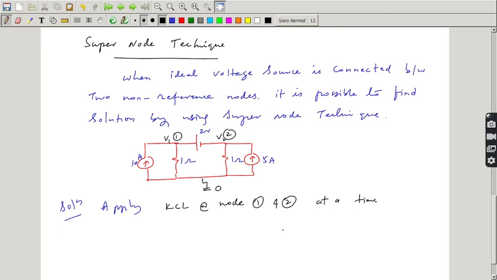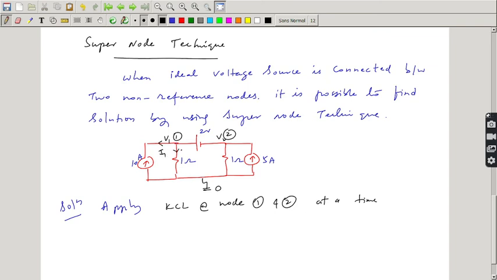Similarly, in mesh analysis, we discussed that if a current source branch is common between two loops or meshes, we can apply KVL in both loops at a time. The same concept I am applying here in the super node technique. So V1 is the highest potential point.